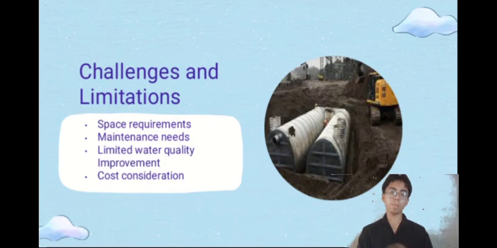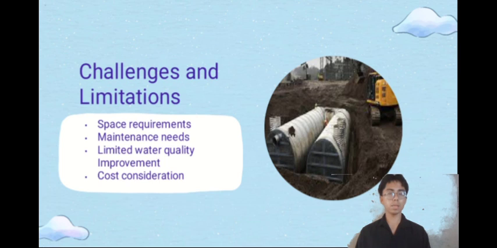Now, let's move on to the challenges and limitations of these stormwater detention systems. The first one is what we call the space requirements. Surface detention basins require significant land, which may not be feasible in dense urban areas. The second one is the maintenance needs. Regular maintenance is essential to ensure outlets remain unblocked, sediment does not accumulate excessively, and storage capacity is maintained.